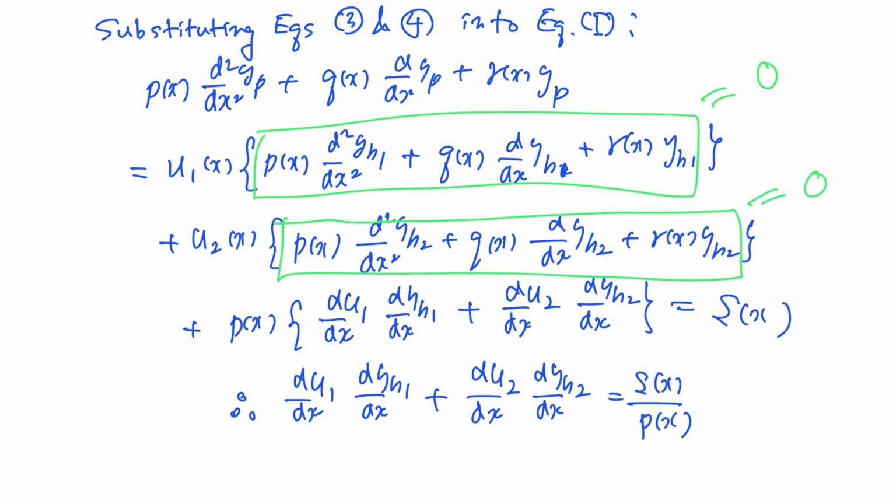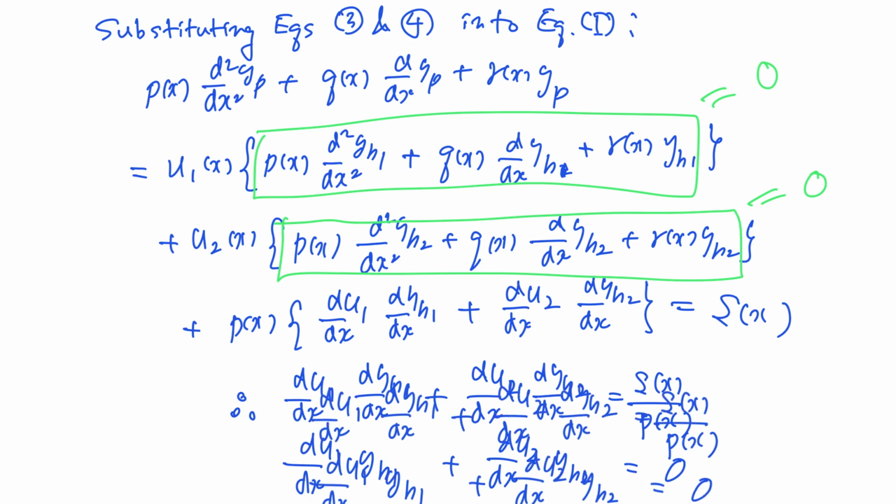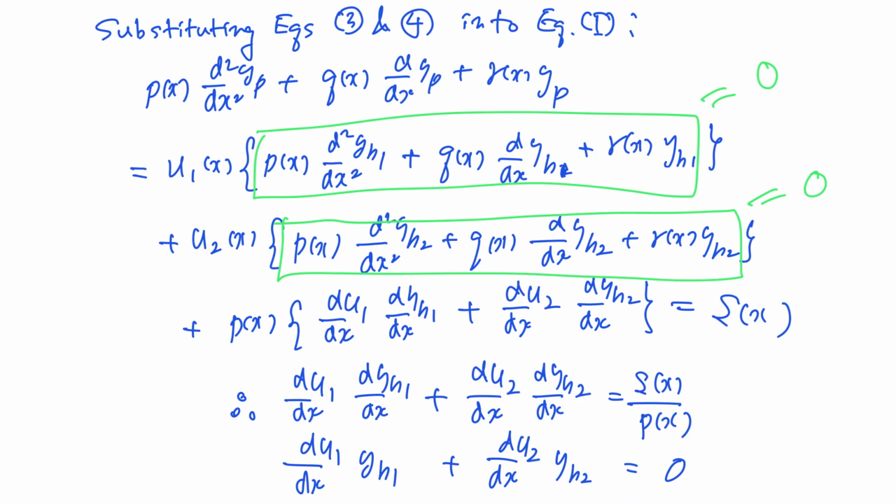And from the previous constraint, we also have the following: du1/dx y_h1 plus du2/dx y_h2 is equal to 0, right? So I'm going to copy this. Copy, and next, paste.